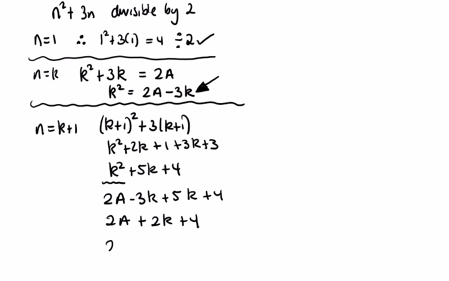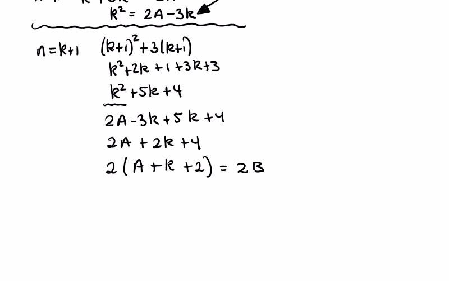And it's always the same as the last question. If 2 is a factor of this, 2 times (a plus k plus 2), therefore that's divisible by 2. So we could call that 2 times another number, stick to the same method, call it 2b. So the proposition n is equal to k plus 1 is true.